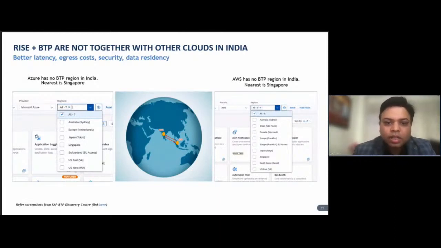That would result in latency, egress, and security risks, etc. So this is a unique proposition of BTP being available in India, which Indian customers really prefer, and this is one of the main reasons why Google is being preferred across the market. Next slide, please.